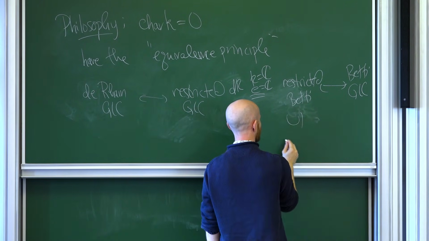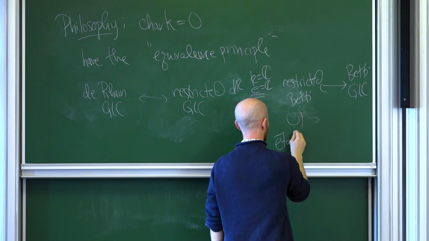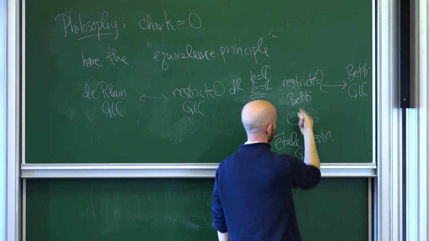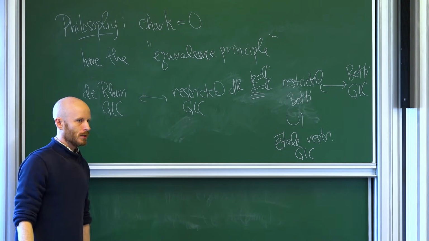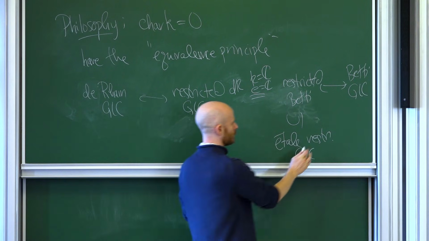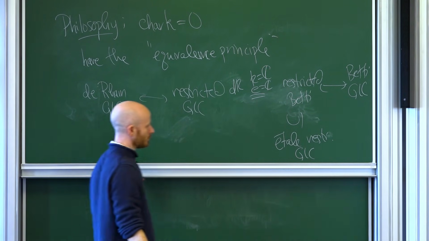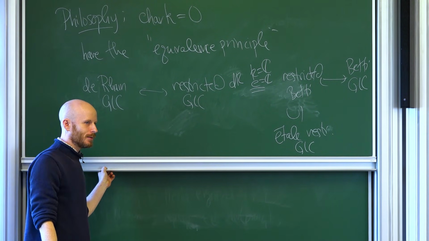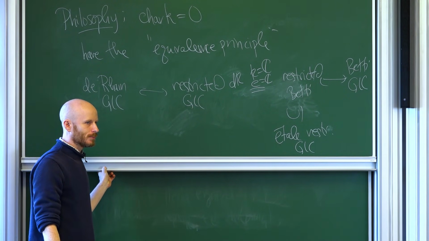And in some sense, you can think that the étale restricted geometric Langlands conjecture is contained inside of here, because there are strictly fewer étale local systems than Betti local systems.